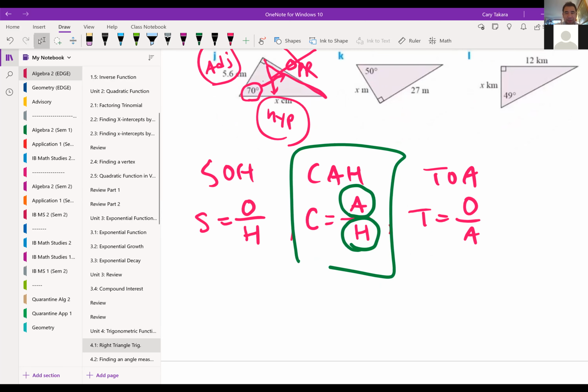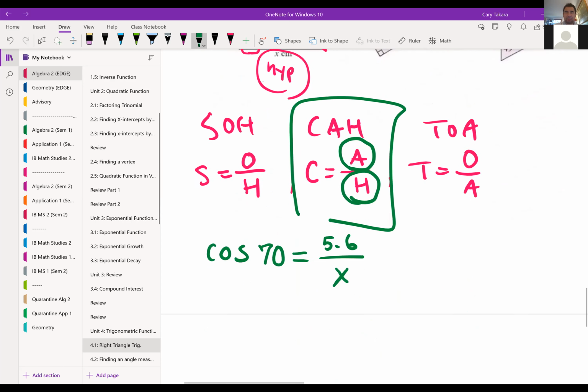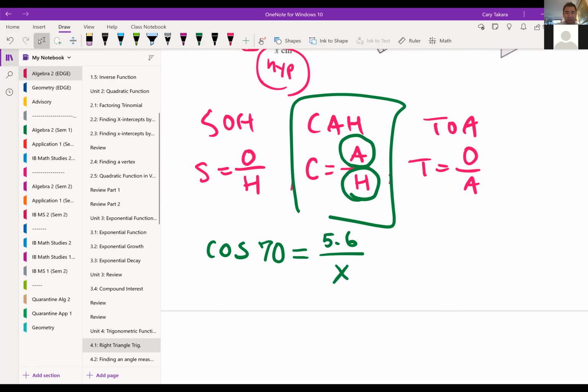And so we're gonna use cosine of the angle measurement, which is 70 degrees, equals adjacent, which is 5.6, over hypotenuse, which is unknown, x. Okay, we can do that. But let's finish this up, Tiana, okay? And then we cross multiply.